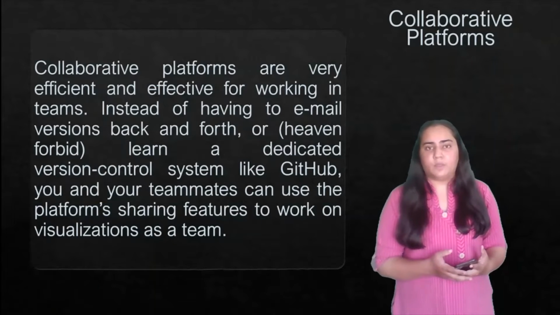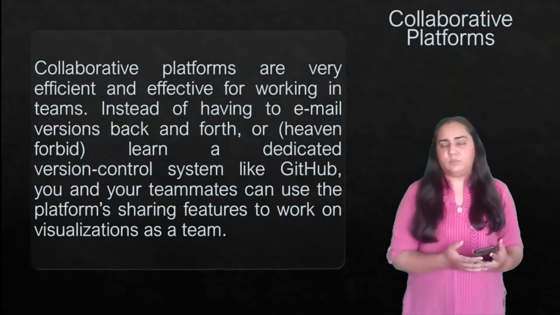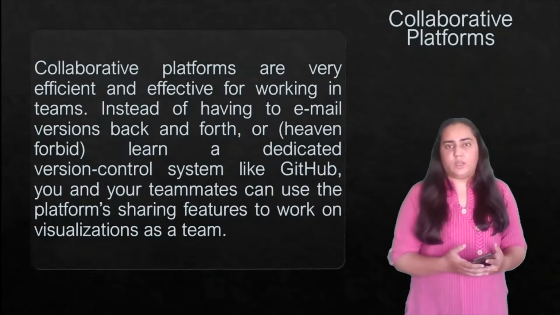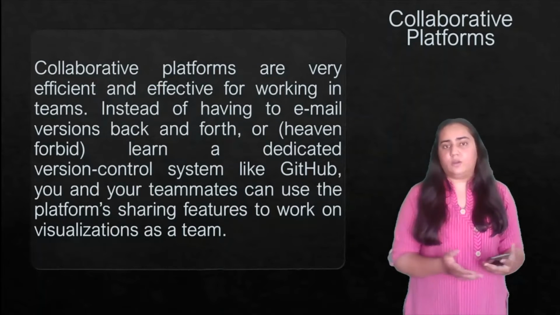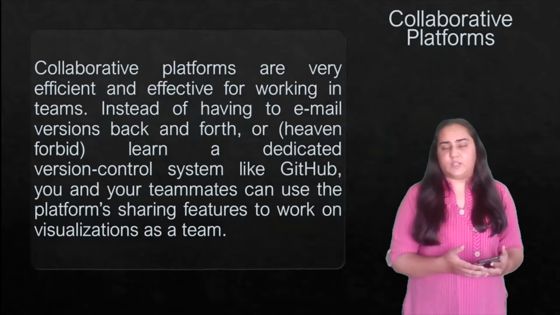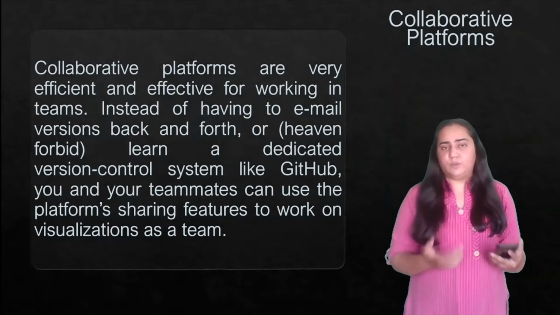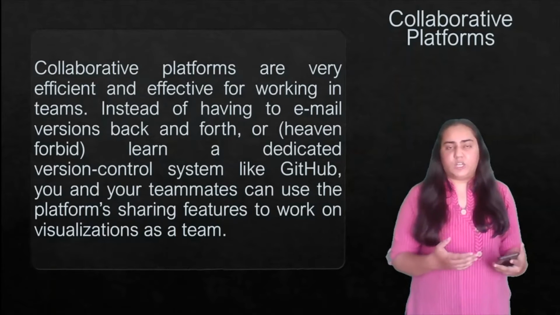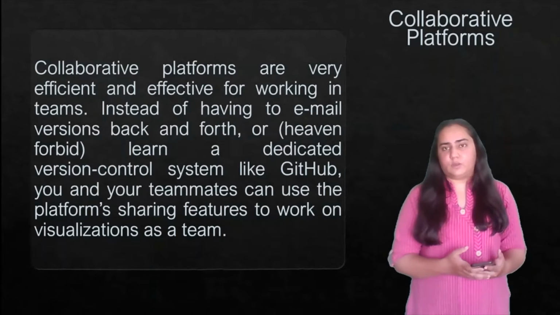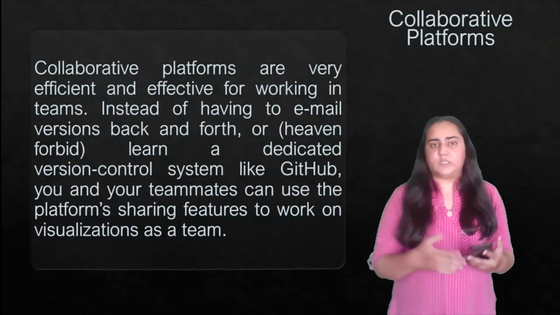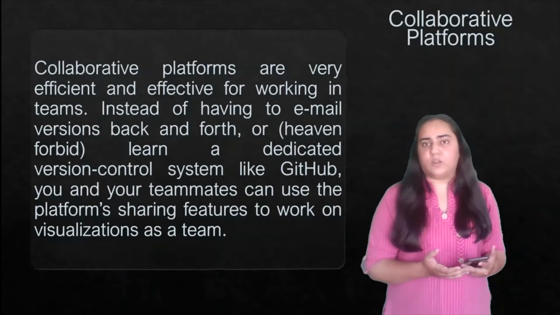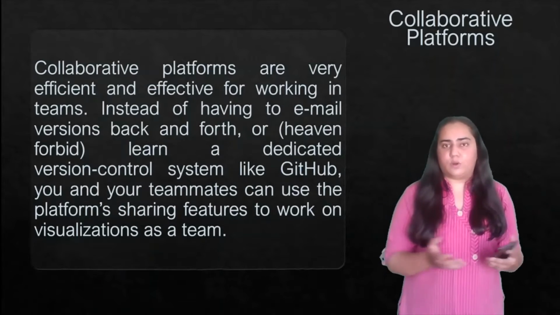You don't have to use emails to keep sending things back and forth to understand what's going on with the visualization, and then maintaining several copies of the visualization in your computer, because every time there are changes you make a new one. So this is something that's very easy to use, a collaborative platform that people can work on together.